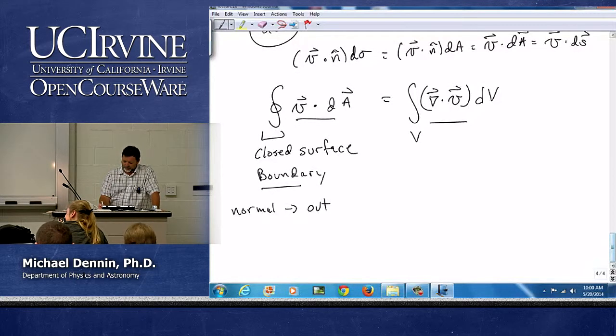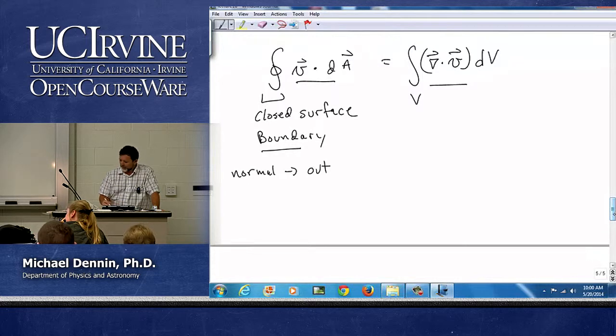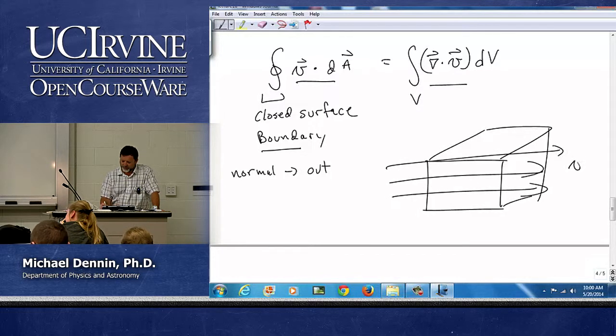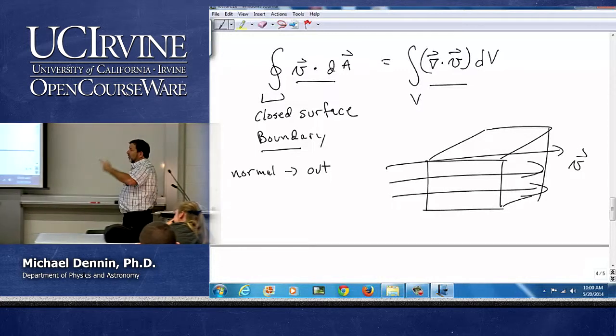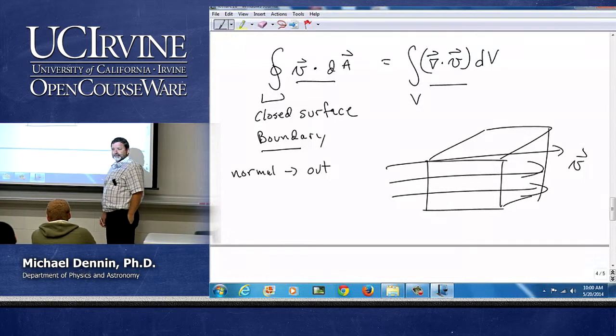Now, one thing I like to keep in mind is the following picture that really helps. So imagine I have a completely uniform field V. Is the divergence zero or non-zero? Why zero? In is equal to out.